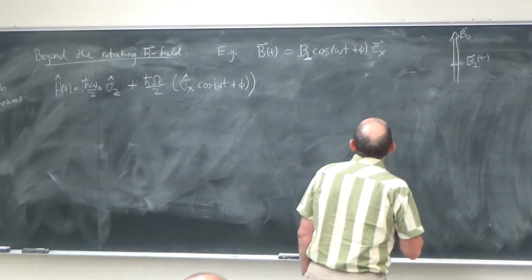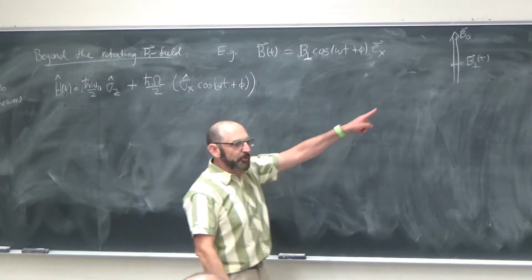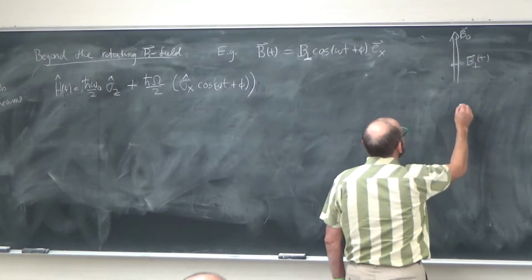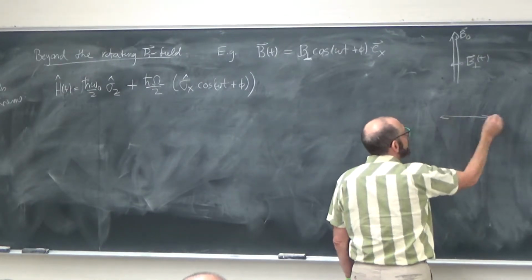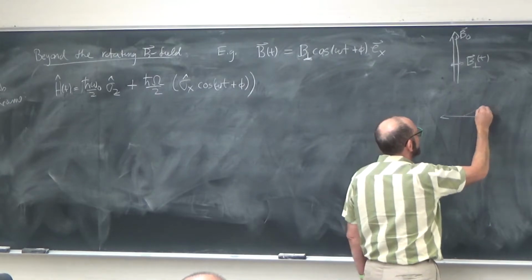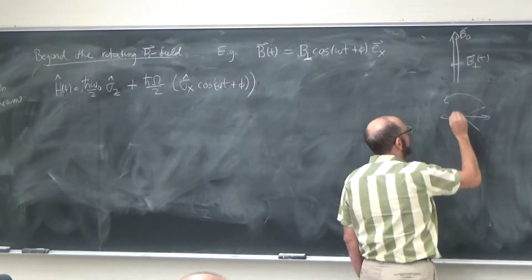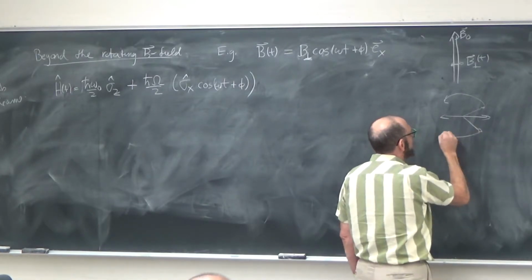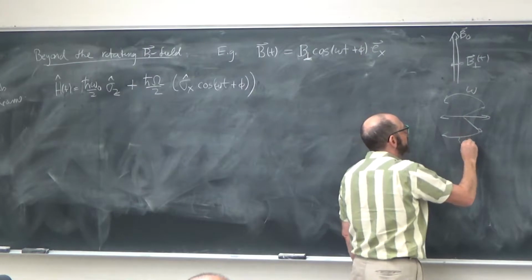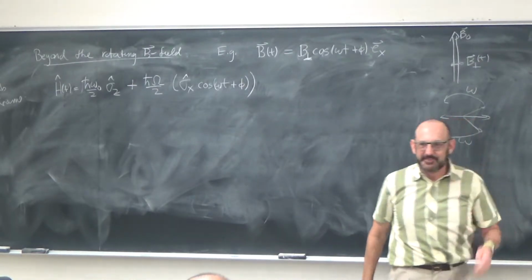However, I can break this field up into two pieces. Any vector that was linearly oscillating along some axis is a superposition of two vectors, one rotating one direction and the other rotating the other direction, with frequency omega. Those two circles added together give me a line, right?